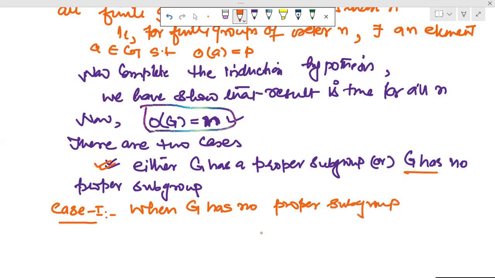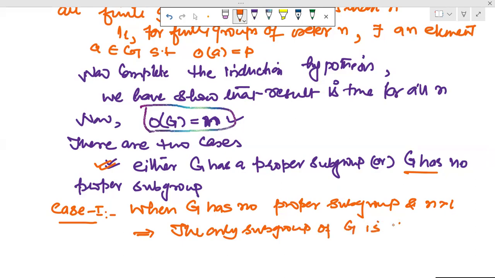It is not having any proper subgroup, and n is greater than 1. This means that the only subgroup of G is G. Now, P divides the order of G. This means that the order of G is prime.